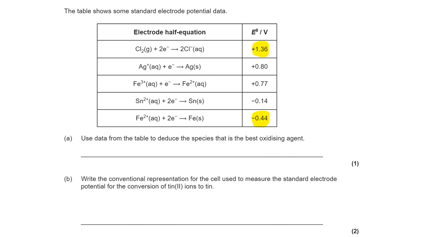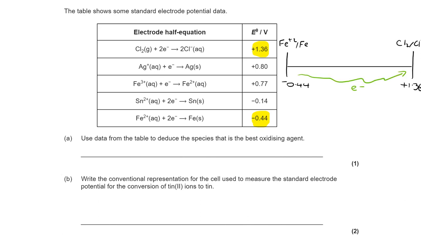Now, if I then build a number line with those two, the number line will always go in order of most negative to most positive. So the most negative goes on the left, the most positive on the right. And when we draw the number line out, we always know that the electrons will flow from left to right. They'll always flow from the more negative to the more positive.